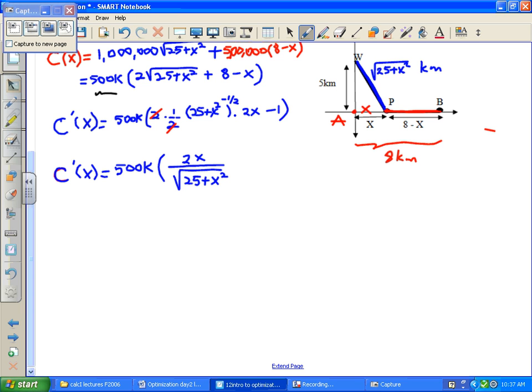I'm not done yet. So the next term, minus 1. Did I miss anything? Any questions? Oh, you see, this term was only belonging to the first term, right?